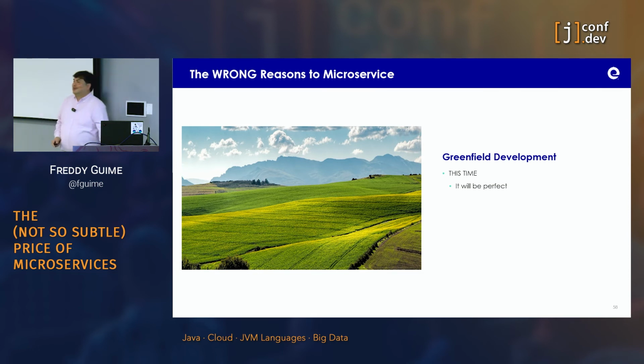How many times have my juniors told me this? I want to do this project and it will be perfect. I will use Java 17. I would use Loom. I would use all these things. I'm gonna use the latest and greatest thing, and it's gonna be the best thing since sliced bread.